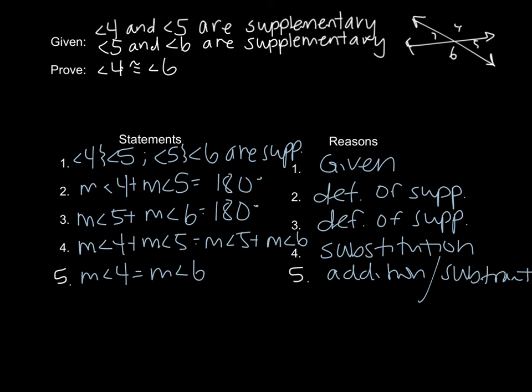Okay, then I also see, we'll do one last step. Okay, that because the measures are equal, angle 4 has to be congruent to angle 6. And that's because of the definition of congruent angles.